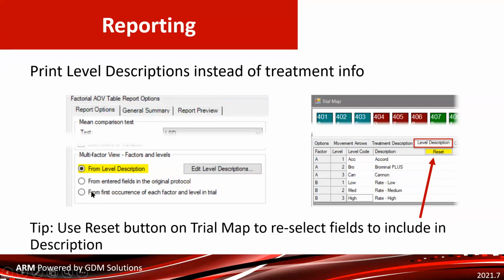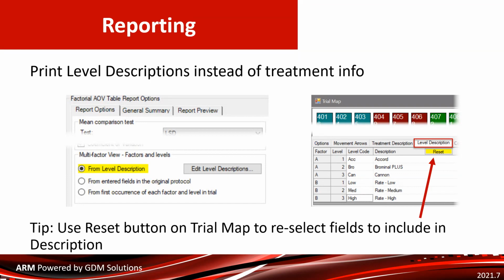And so previously, the default is just whatever is in the trial. That's what gets pulled in. But now there's also this from level description, and that comes from the trial map. So when we were first looking at the trial map, you can enter in this description that doesn't have to match how you filled it in the treatments list, for example.